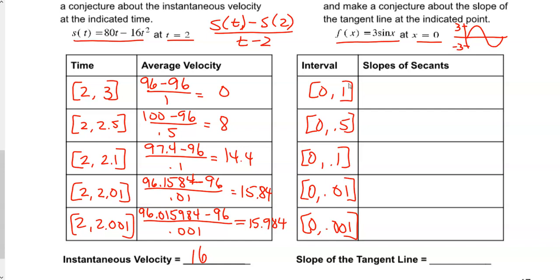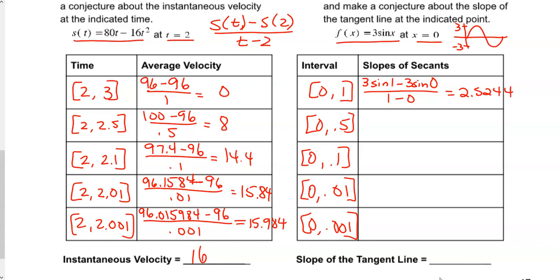So again, we're going to take these values, put 1 in for x. We're in radian mode, so if you're finding your values here, make sure your calculator's in radian mode. We're going to do 3 sine of 1 minus 3 sine of 0 all over 1 minus 0. And if I do that, then I will end up with 2.5244.